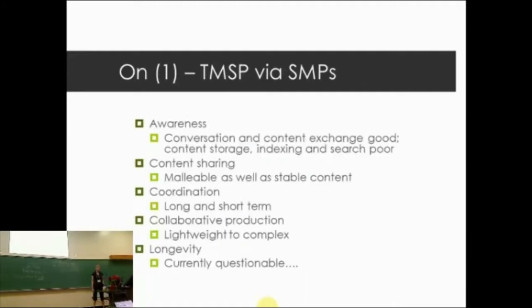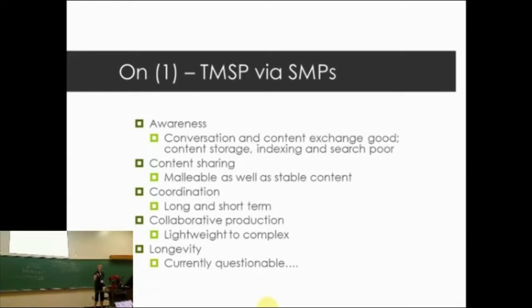So on the first point, we know that there are plenty of media platforms that allow us to be aware of other people's activities, our friends. There's conversation, there's content exchange, which is pretty good. Content storage, indexing, and search tends to be quite poor on some of these systems. I'm thinking about Facebook and Flickr and so forth. Content sharing needs to be malleable as well as stable.